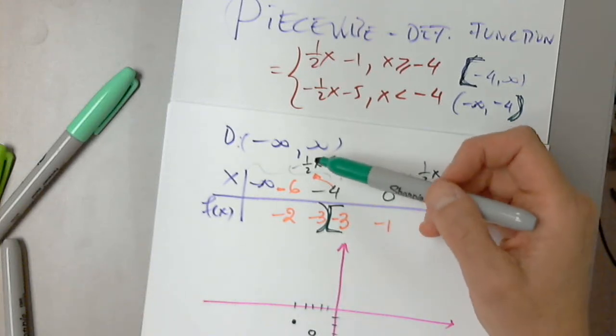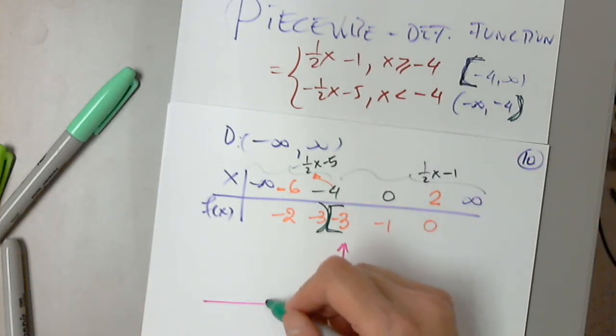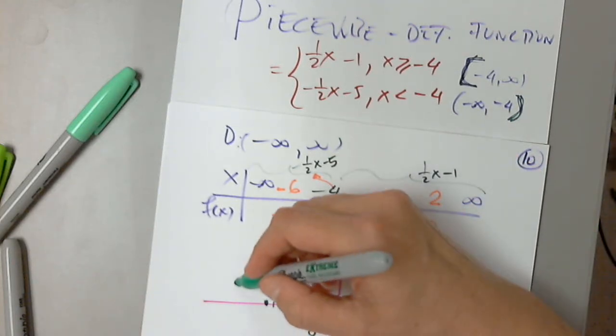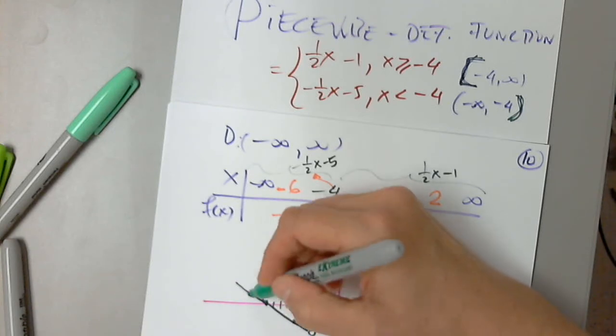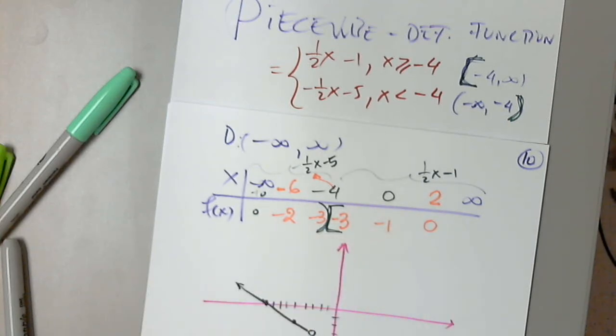It will cross at what? At -10. So 6, 7, 8, 9, 10. So I'm also going to put -10, 0. But the other branch starts at the same point, 0, -1, and 2, 0. So I have to fill it in.